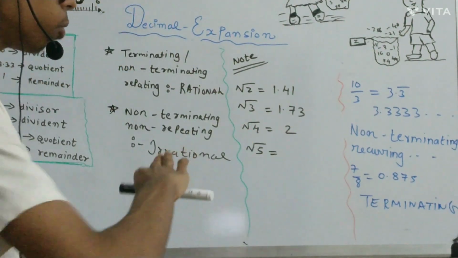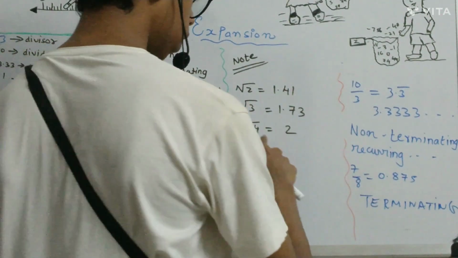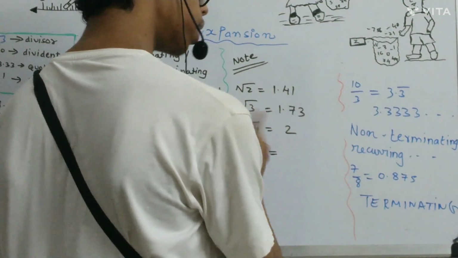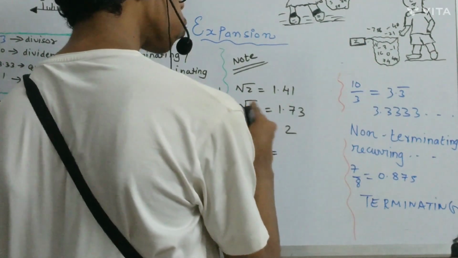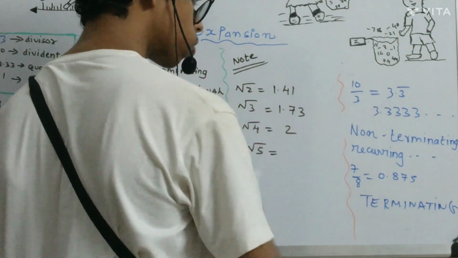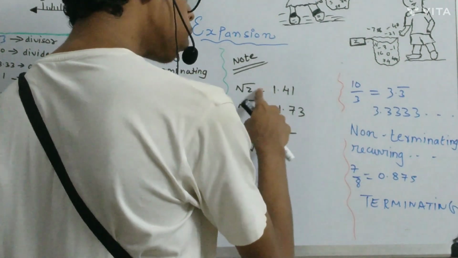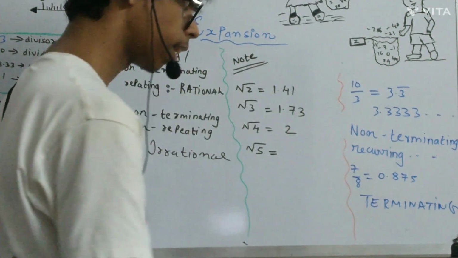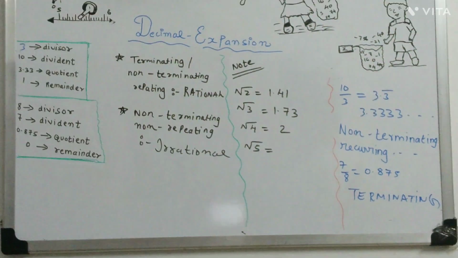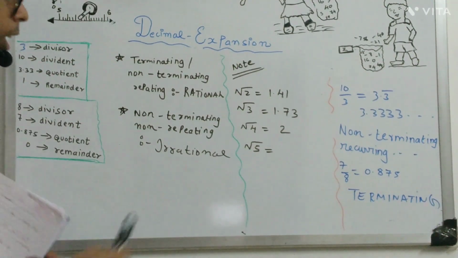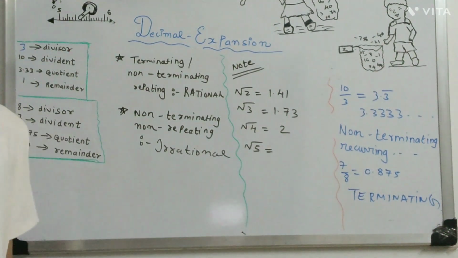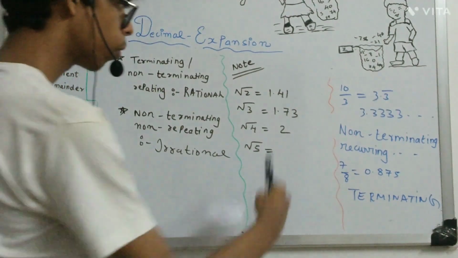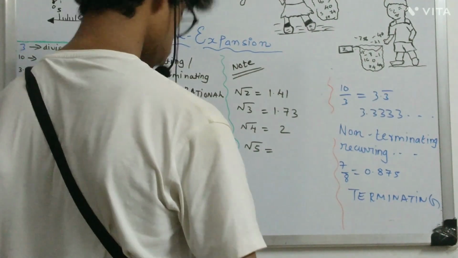Now, you just observe a pattern over here. We saw that square root of 4 is equal to 2. Then definitely square root of 3 will be less than 2. So square root of 2 and square root of 3 will be 1 point something. Similarly, if I ask you what is square root of 5, definitely it will be 2 point something, a number greater than 2.